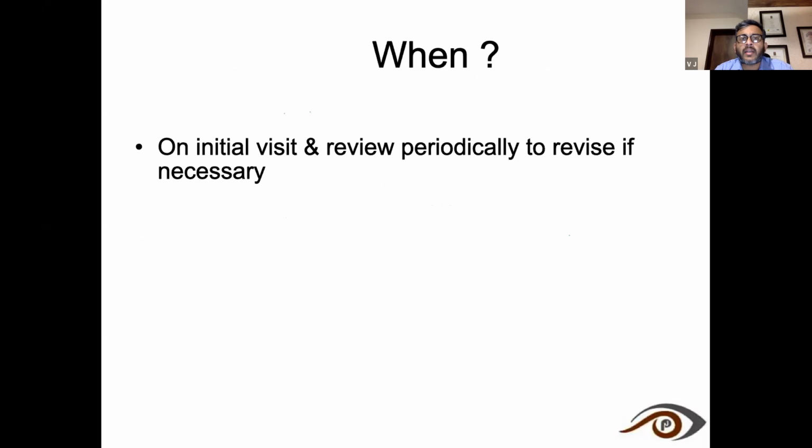So when do you set a target intraocular pressure? In the first visit itself, once you establish that yes, this is indeed glaucoma, then you should set a target intraocular pressure, and periodically, maybe once in 6 months, you have to go back to it and revise it and see whether the target pressure that you have set is okay or whether it needs a further revision.